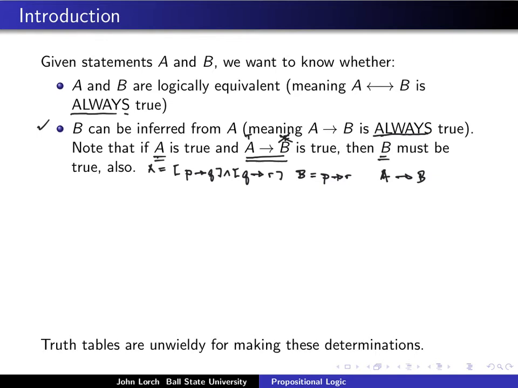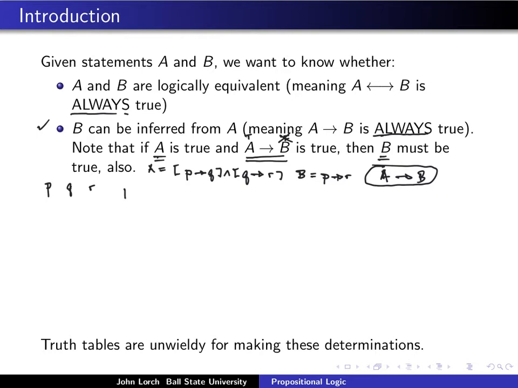So let's see what happens to the statement if A then B. We're going to check to see whether that statement is true always, regardless of the truth values of P, Q, and R. So let's start. We know that we should make a truth table. So we have P's, Q's, and R's.